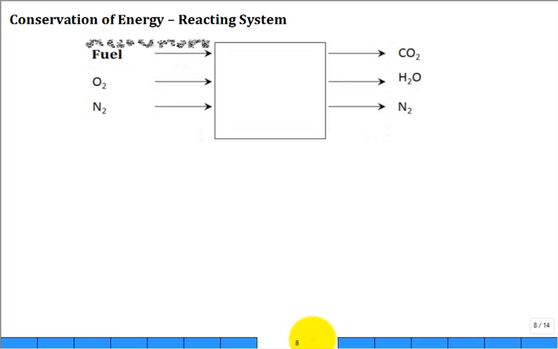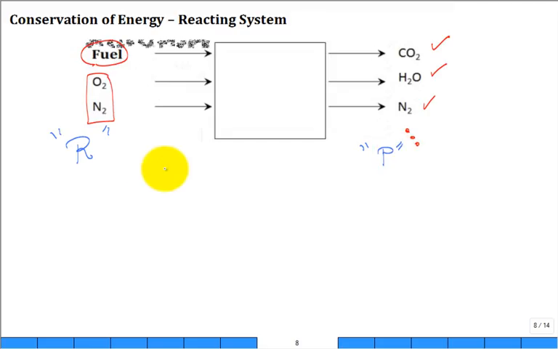Now, we've got just enough time to introduce how we would do the first law of thermodynamics for a reacting system. How would we analyze some hydrocarbon fuel coming in with some air, combusting, coming out with some carbon dioxide, some water vapor, a lot of nitrogen, and maybe some other stuff? Everything over here is an R, and everything over here is a P. What do the R and the P stand for?